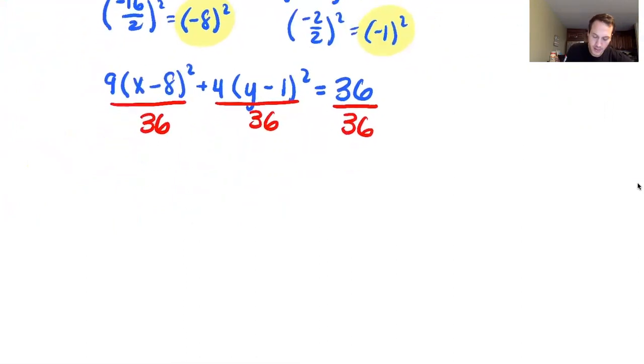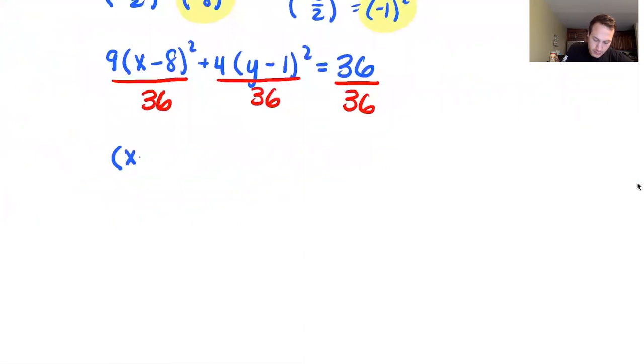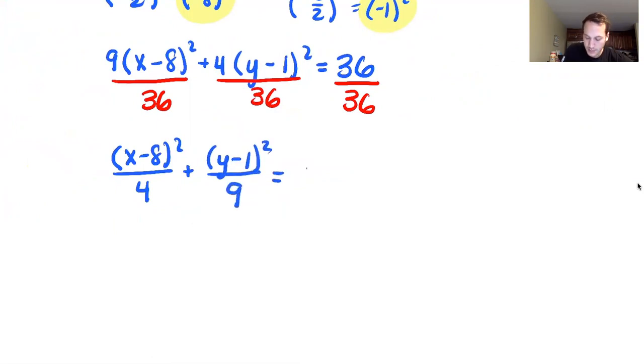And when I do that, 9 over 36 reduces to 1 over 4. 4 over 36 reduces to 1 over 9. 36 over 36 is 1. The only thing that we're going to find is our center. Our center here, opposite of negative 8 is 8, opposite of negative 1 is 1.